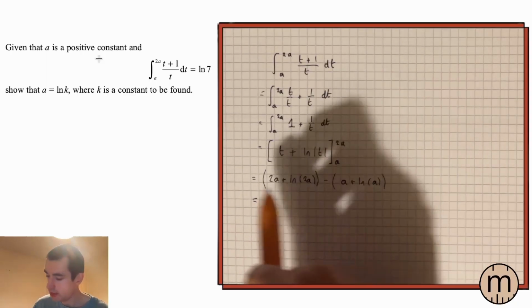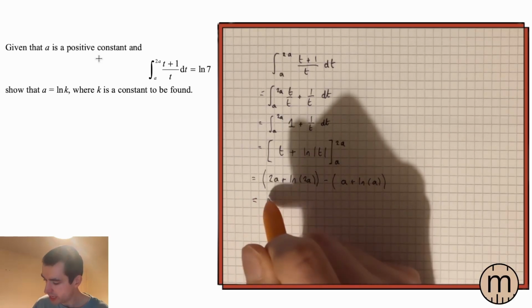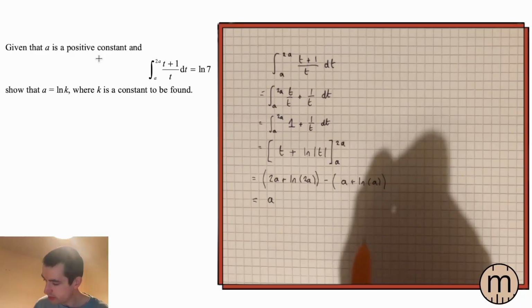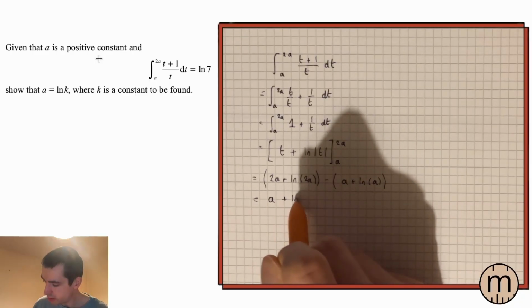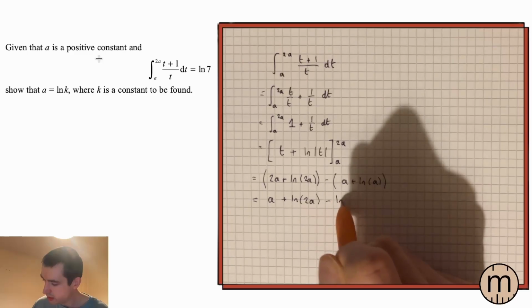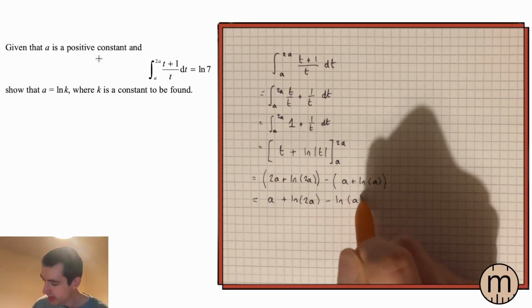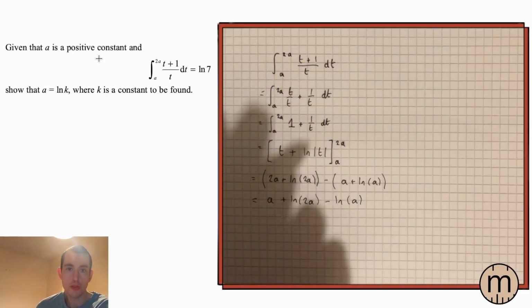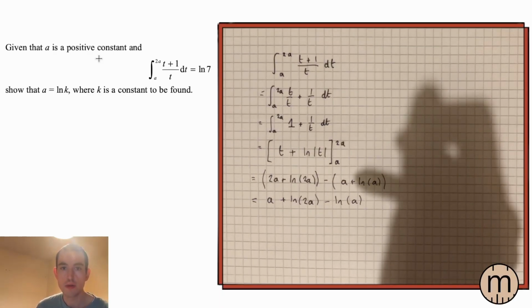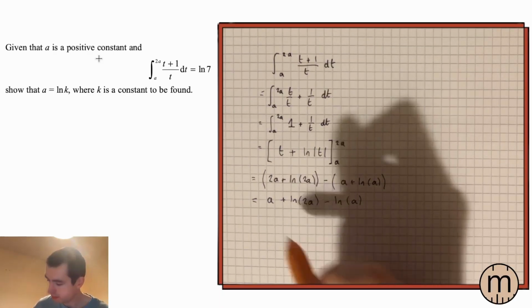If we continue now, 2a minus a is going to give us a. And the logarithm term, we're going to get plus ln 2a minus ln a. Now, the laws of logarithms tell us that if we subtract two logarithms, it's the same as dividing.